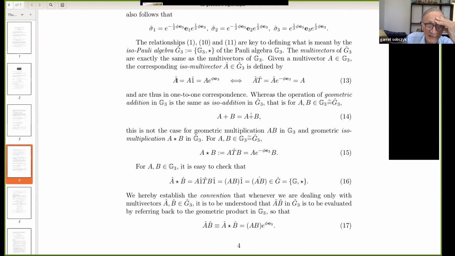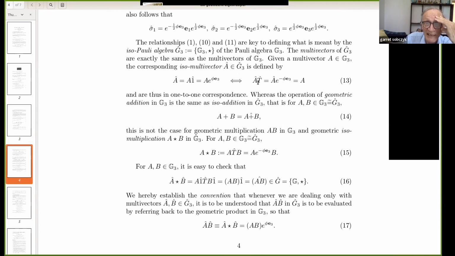Okay, so again, A hat, the corresponding element in the isogeometric algebra, is just A times the iso unit element, which is e to the phi E3, and so on.